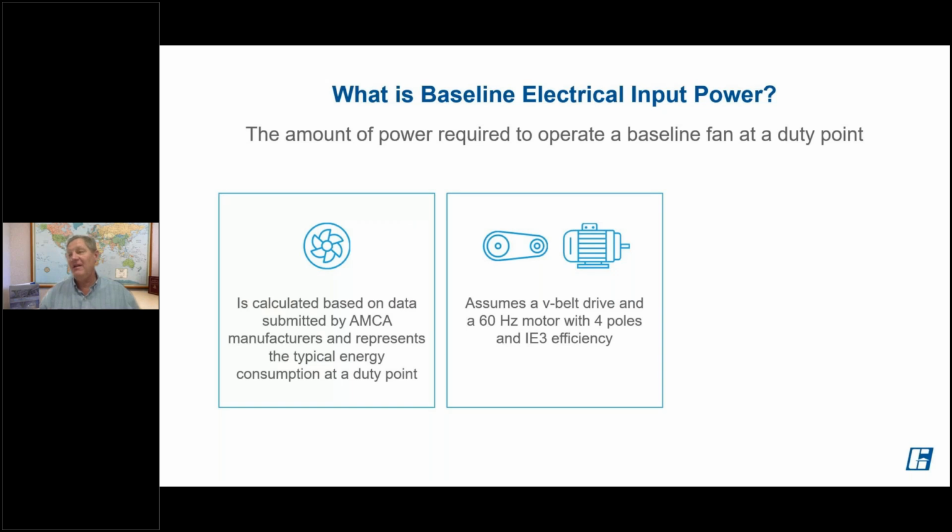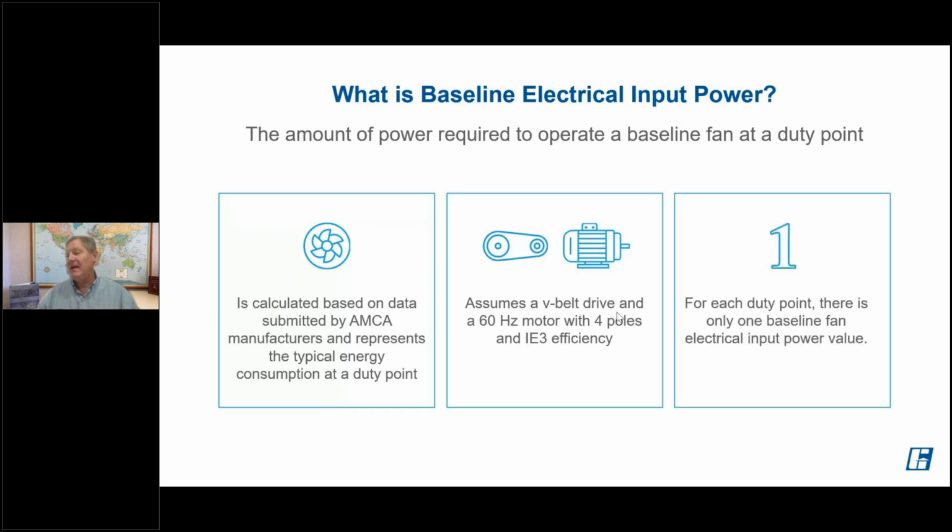So in developing that baseline power, AMCA engineers also made some assumptions relative to what the motor and drive were going to be. And then they said, all right, we're going to establish an FEI baseline power for each duty point. And that's going to be what we use, going forward into however far we use FEI into the future.